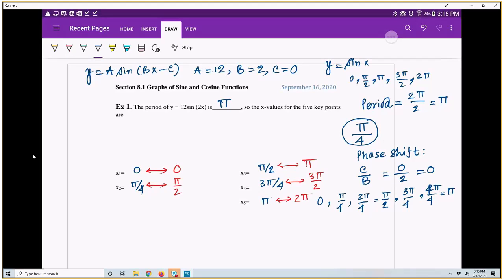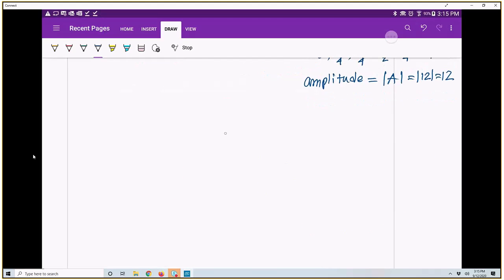Remember, since a is 12, the amplitude, the highest possible value of the sine function, is the absolute value of a, which is the absolute value of 12, and that is 12 units. So how do I draw the graph? I start with the Cartesian coordinate system.